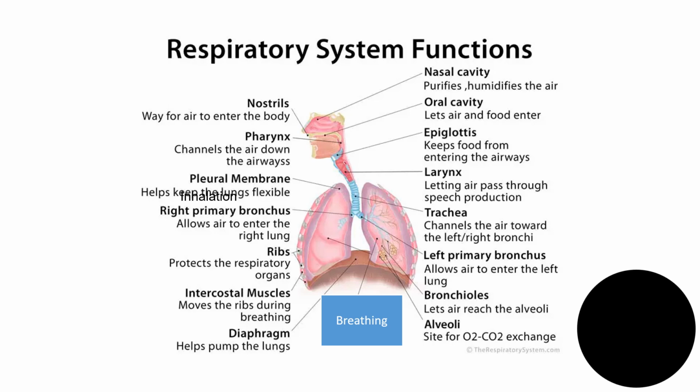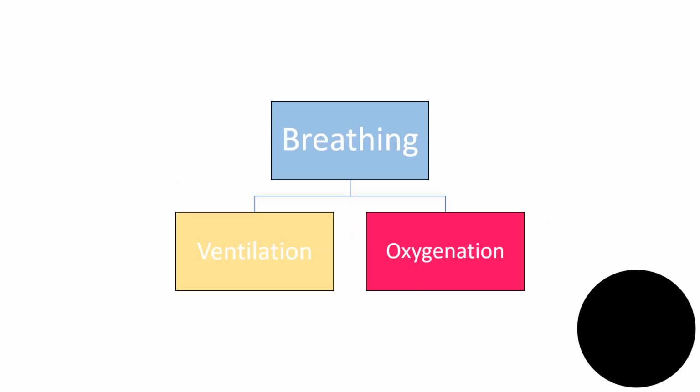The main function, as we know, of the respiratory system is breathing, but it also has other roles such as vocalization and producing the sound from the upper part, and it also plays a role in the immunity of the body by cough production and protecting the body from different organisms and particles.